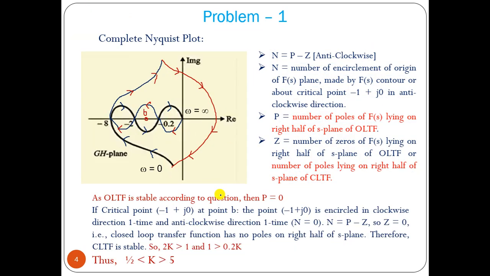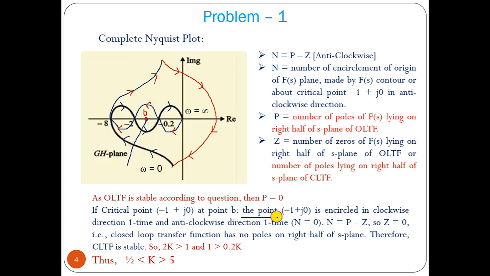Now if we consider point B, then if you consider the encirclement, this is one encirclement and this is another encirclement. So if you draw a line here, it intersects these two lines of the Nyquist plot. This is anti-clockwise, this is clockwise.